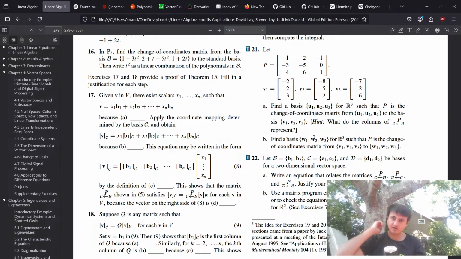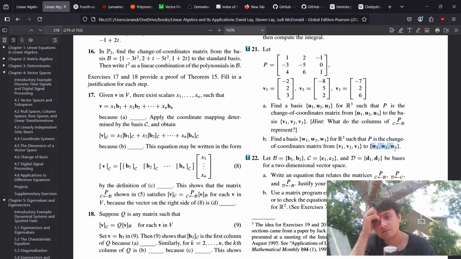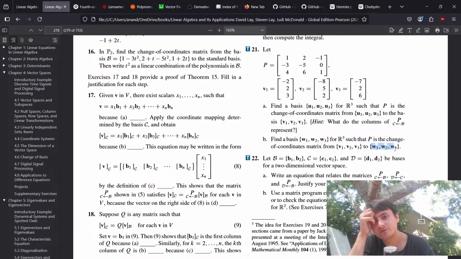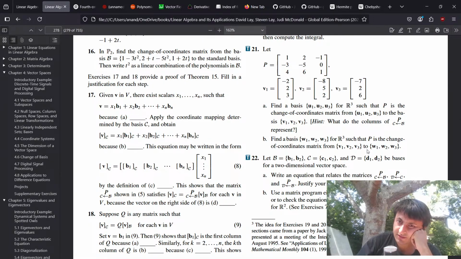So what I think it is, you're writing V in terms of W. You're writing V in terms of W. So what this means is that you're going to have V1 is equal to W1 minus 3W2 plus 4W3.